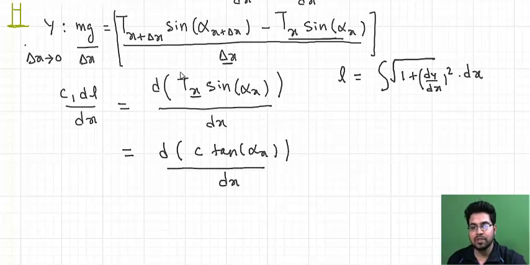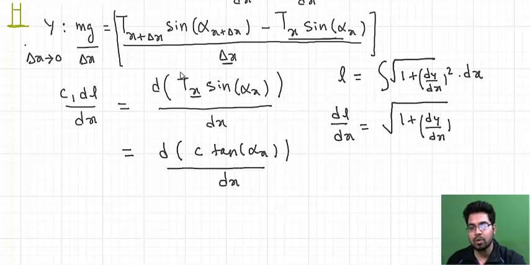If we differentiate both sides, I will get dl by dx to be equal to root under 1 plus dy by dx whole square. This is a very standard form, but you can prove even this.